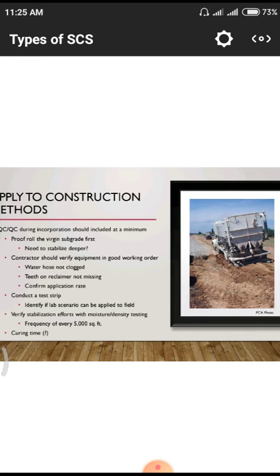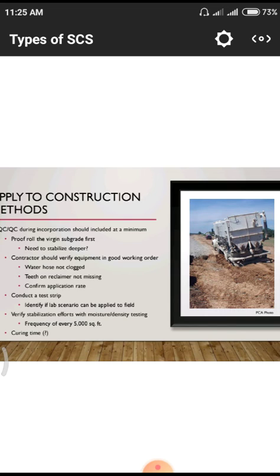That means all the machines which we are using have to work in a good manner, otherwise we will get bad quality of densification and stabilization. Teeth on the reclaimers should not be missing, and confirm the application rate. All those are related to the utility and their dosages.